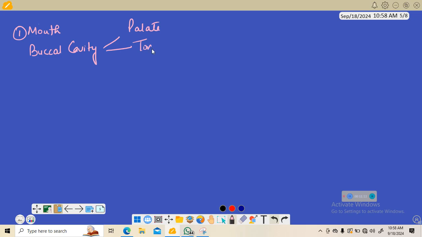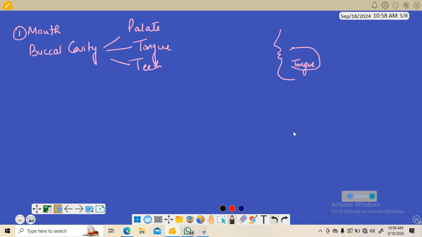Palate, tongue, teeth. Palate is basically a structure. Then, if I draw the diagram, it will be somewhat like this. Now let's say this is the tongue area.